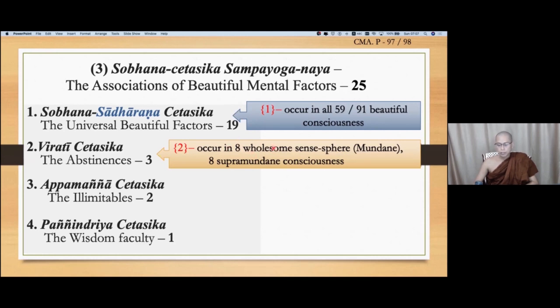Among the 24 sense-sphere beautiful consciousness, the wholesome consciousness 8. So the 3 abstinence mental factors can arise with 8 wholesome sense-sphere consciousness. Then they also can arise with 8 supramundane consciousness.